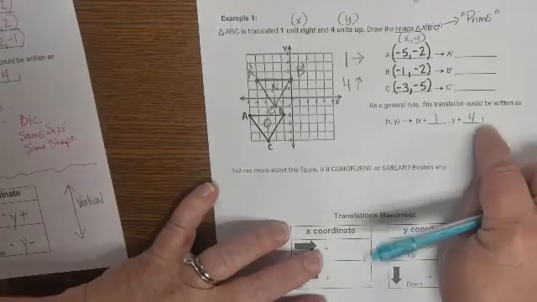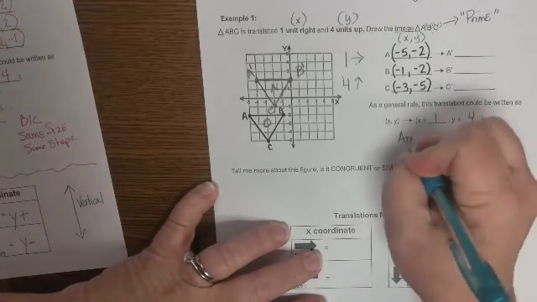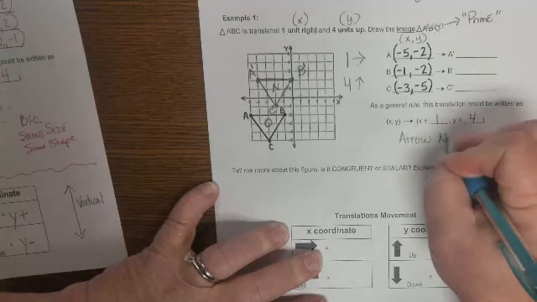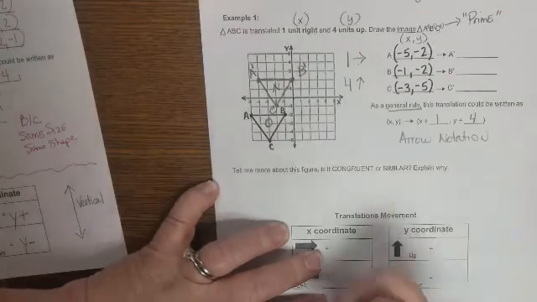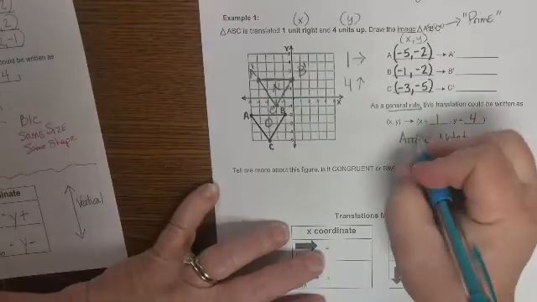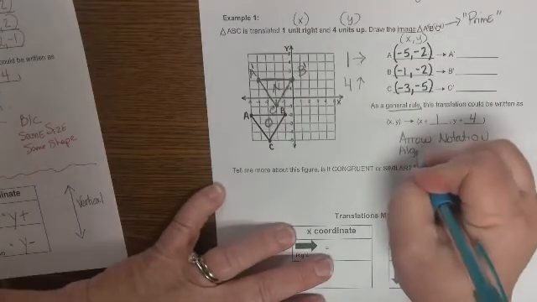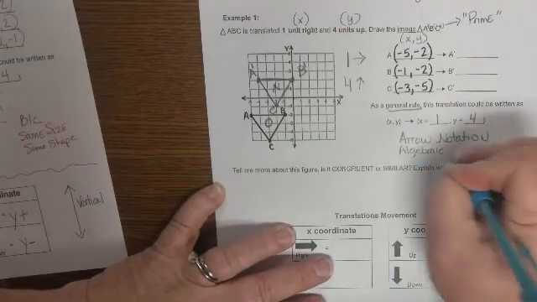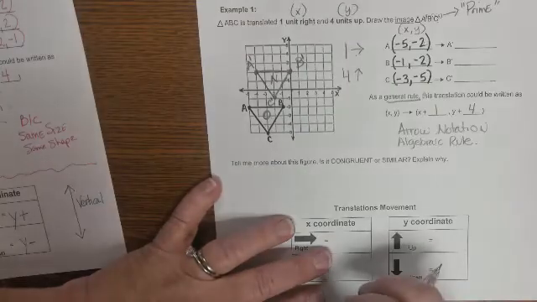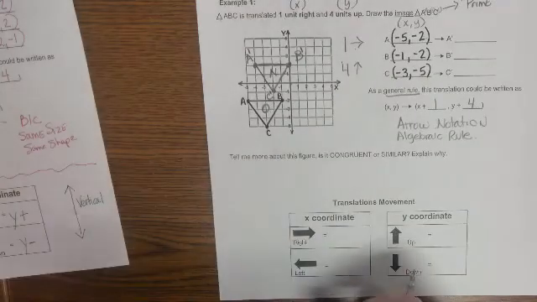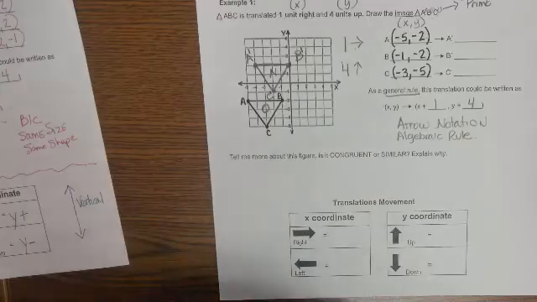Okay, that is known as arrow notation. It also can be known as a general rule. Sometimes they call it an algebraic rule. And in questions, they will use all those terms. So you need to know that those terms are interchangeable.